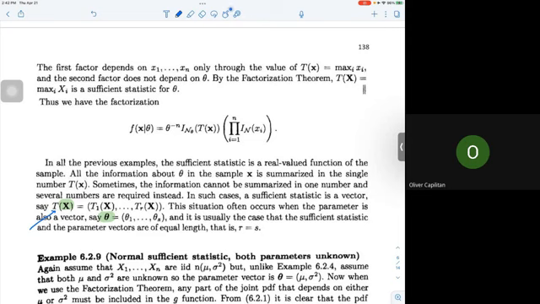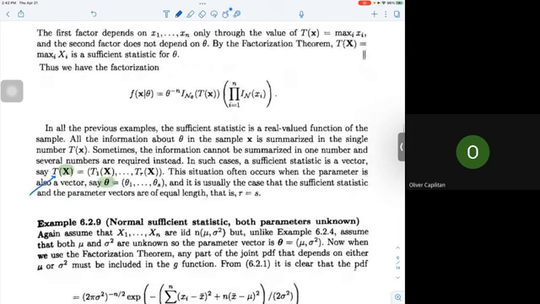So this situation often occurs when the parameter is also a vector. Say for example, we have a sample here, IID, normally distributed, but in this case, we have two unknown parameters, mu and sigma square.